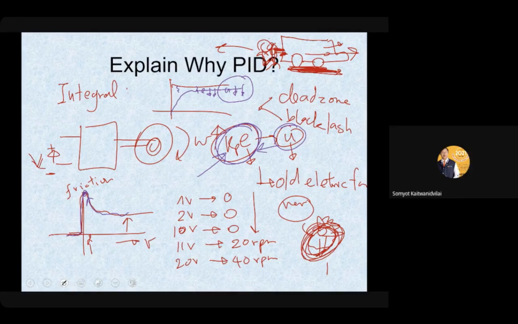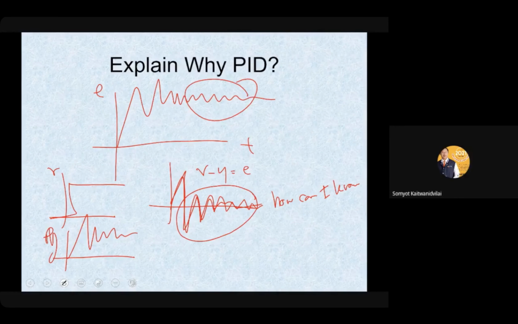I ask you one question. How can I know that my system oscillates? If you don't want oscillation like this, how can I know that our system oscillates? Which parameter indicates the system oscillates? You know, the slope of the graph.